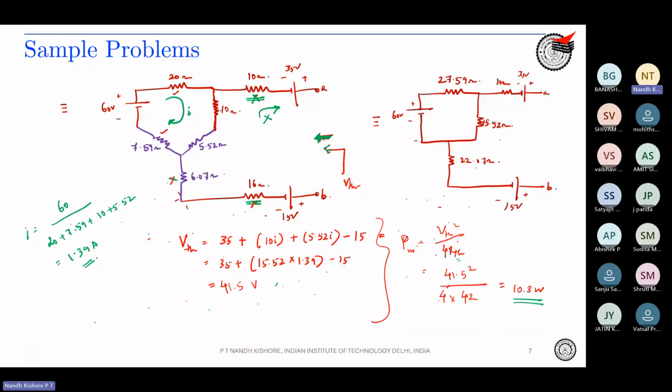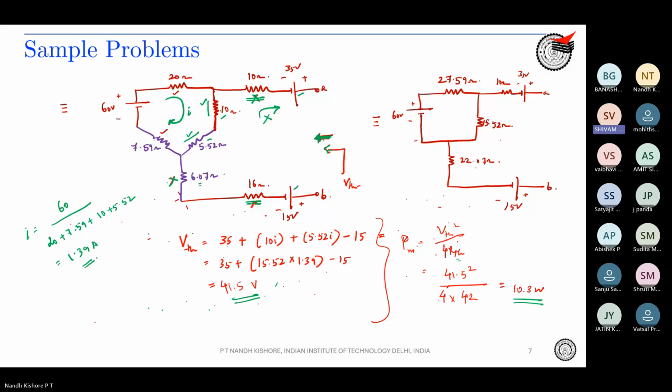Therefore, there is no drop across your 6.07 ohm resistor. Whereas you have to consider the drop across this, you have to consider the drop across this. You understand, right? That is why we have written 35 plus 10i plus 5.52i, then directly minus 15. Okay, that is how you found out your V Thevenin.